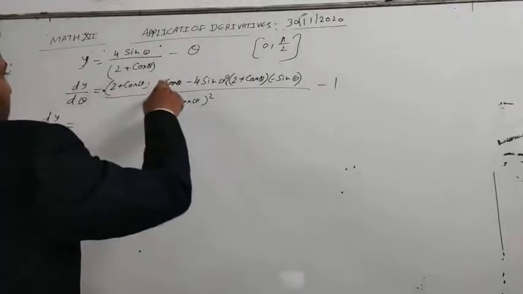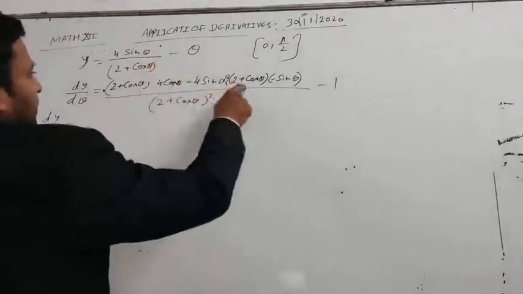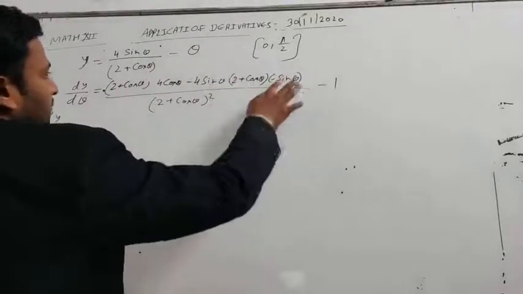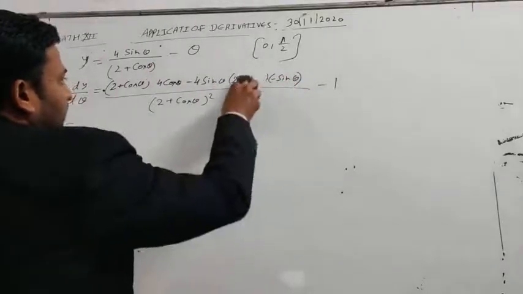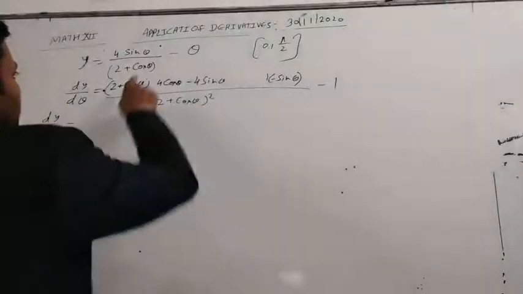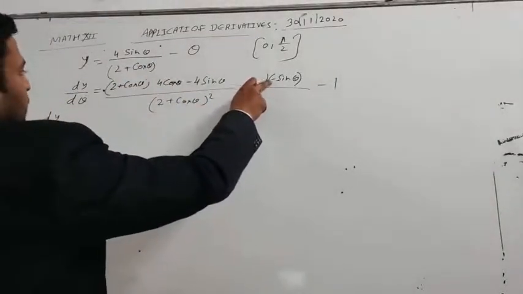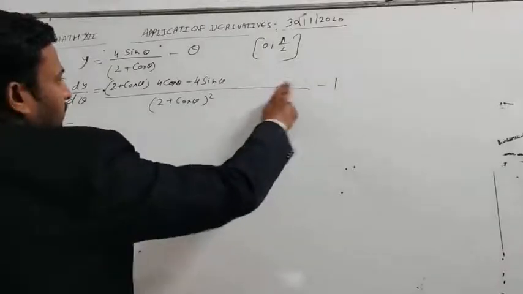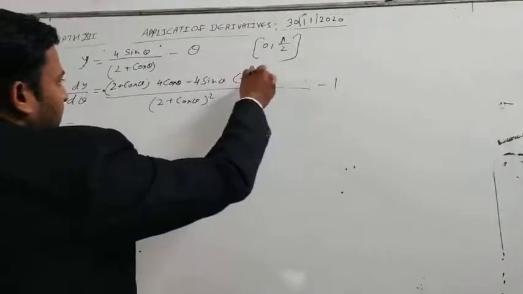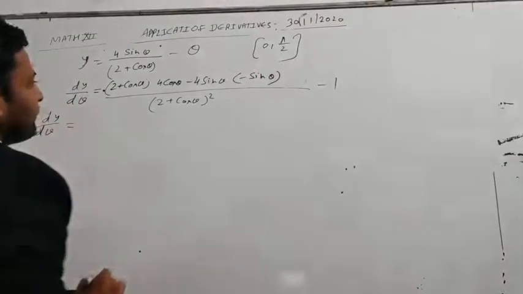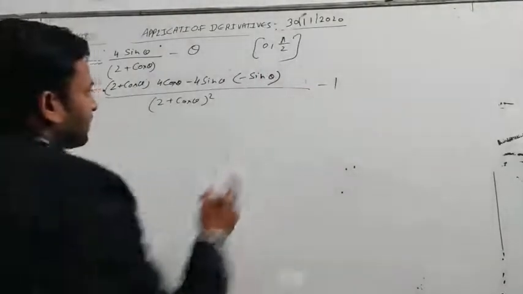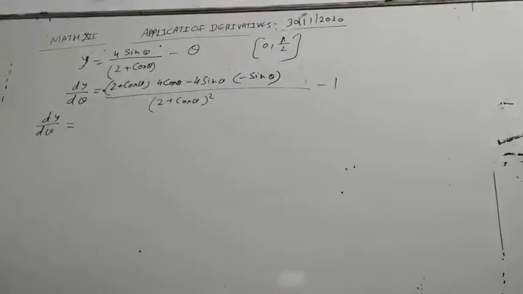D differentiation of n minus n differentiation of d. So it will be differentiation of d will be 2. Constant is 0 minus sine theta. So it will be just minus sine theta, and this is minus 1, and d is square.